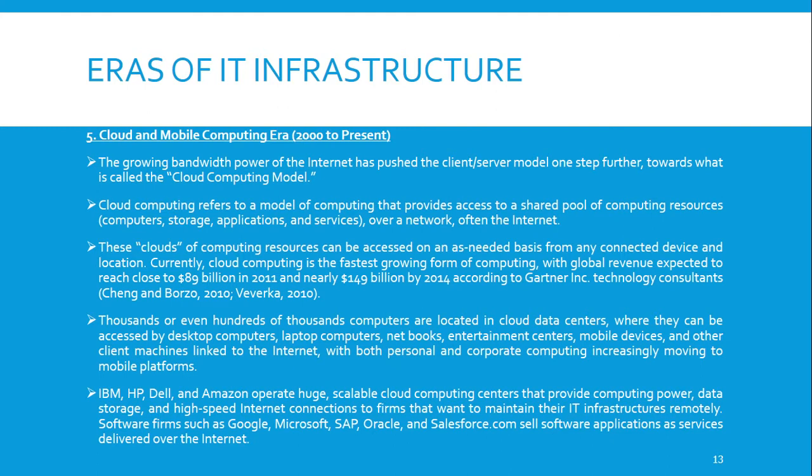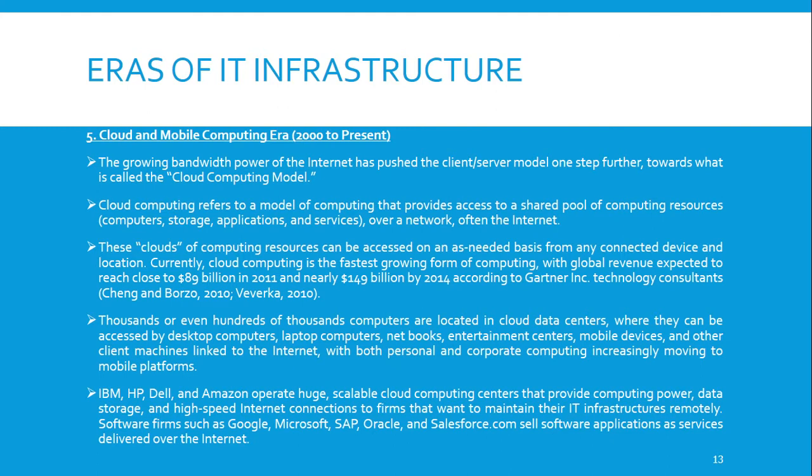IBM, HP, Dell, and Amazon operate huge scalable cloud computing centers that provide computing power, data storage, and high-speed internet connection to firms that want to maintain their IT infrastructure remotely. So some firms have become expert in this technology, which include IBM, HP, Dell, and Amazon. And with the expertise they have gained, they are now providing these services to other companies as well.